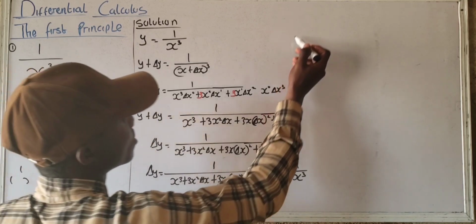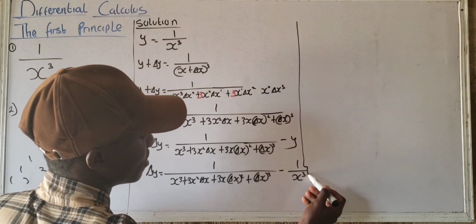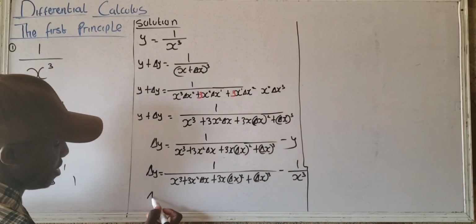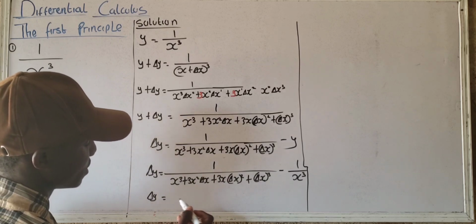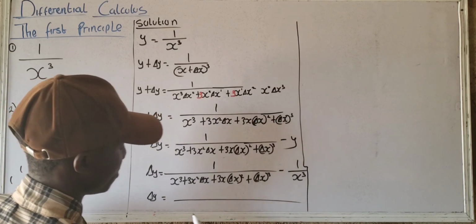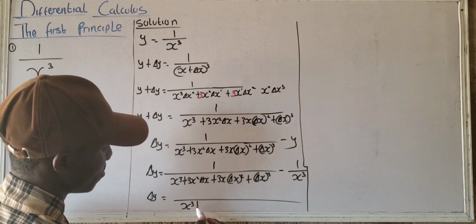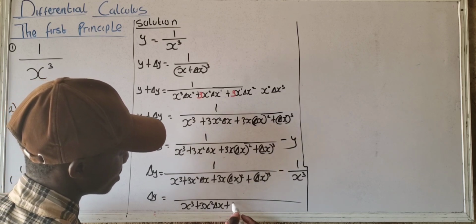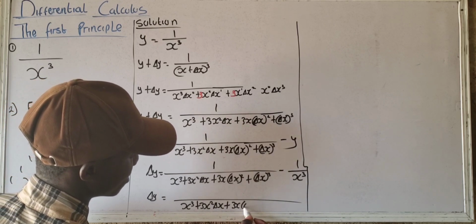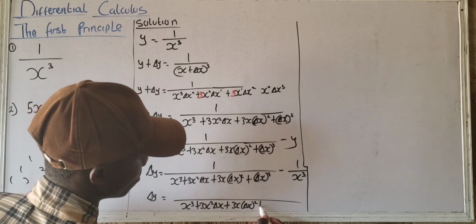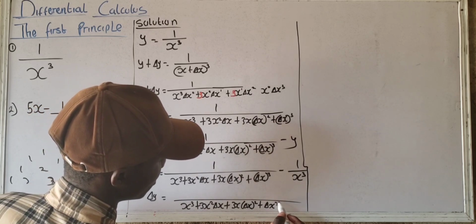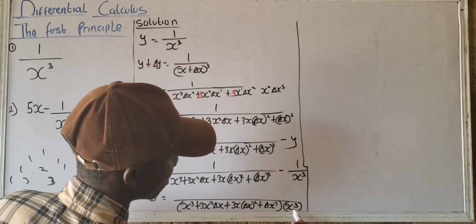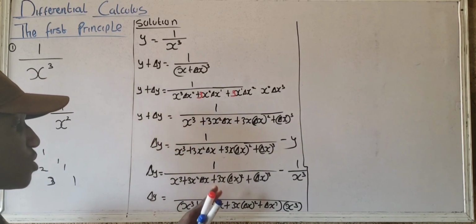The LCM of both fractions will be, okay, we can write it here. Delta y is equal to, now the LCM will be x raised to the power of 3 plus 3x raised to the power of 2 delta x plus 3x delta x raised to the power of 2 plus delta x raised to the power of 3 multiplied by x raised to the power of 3. Okay? The LCM will be the product of this and this.